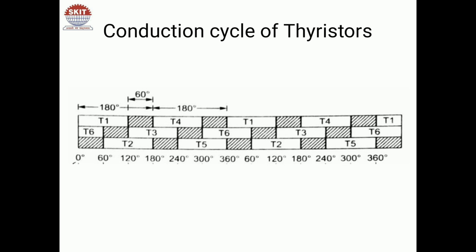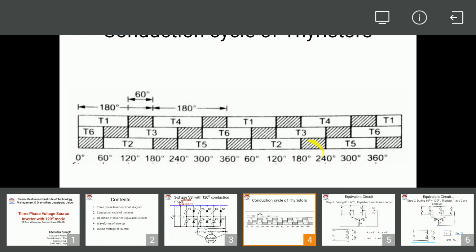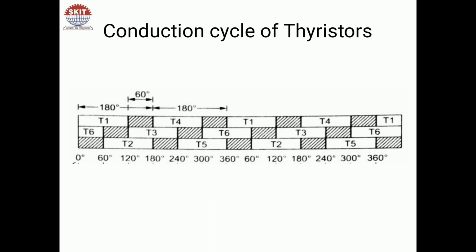After that T2 will conduct for the next 120 degrees, then again a break for the next 60 degrees, and this cycle will repeat. So this is the control scheme for the inverter circuit with 120-degree conduction mode.